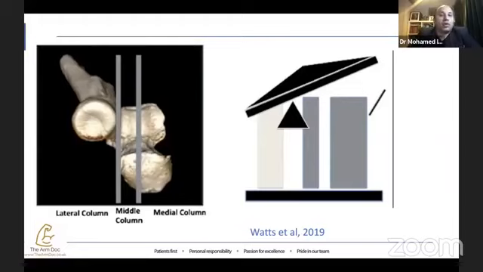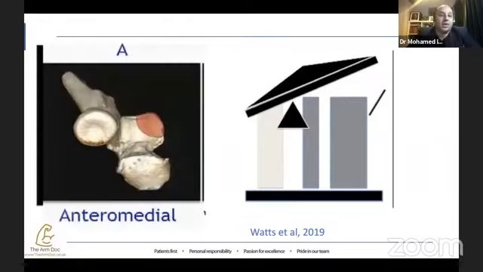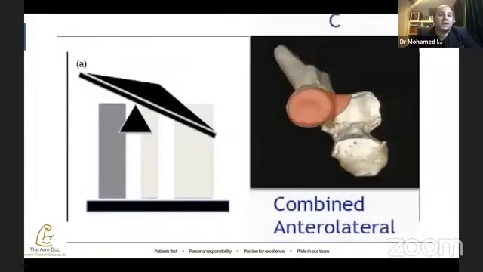That's what we call posteromedial rotatory instability. So what about type C? In type C, it's a terrible triad. It's a combined loss of the middle column, which is the anterolateral facet, and the lateral column, the radial head, with disruption of the lateral collateral ligament, and the patient has valgus instability. That's what we call the terrible triad.